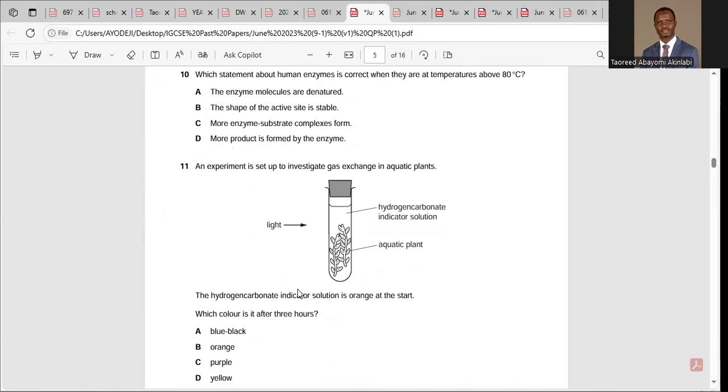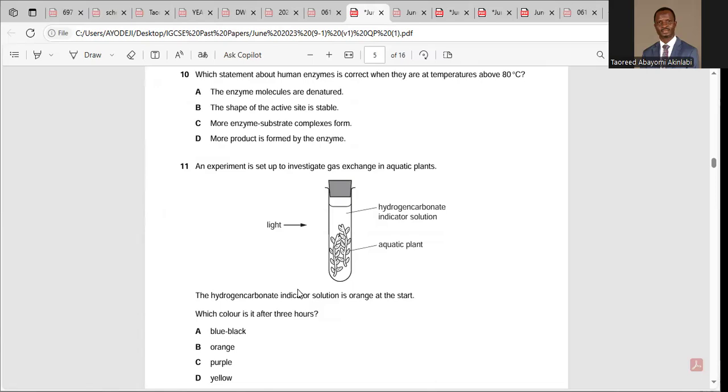The color for hydrogen carbonate indicator is orange or red. When the level of carbon dioxide increases, the color will change from orange to yellow. But when the level of carbon dioxide decreases, the color will change to purple.